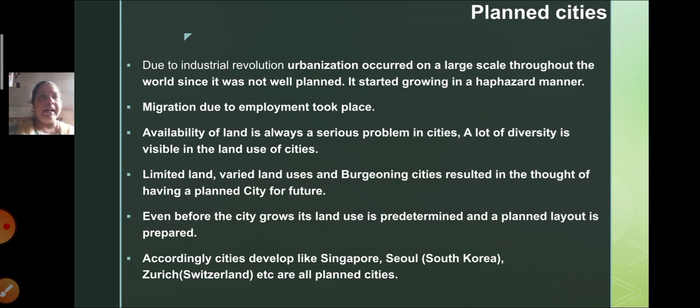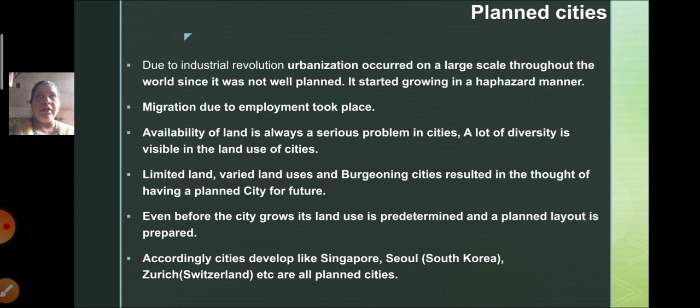Limited land, variety of land uses and burgeoning cities, cities becoming famous and flourishing, resulted in the thought of having a planned city for the future.